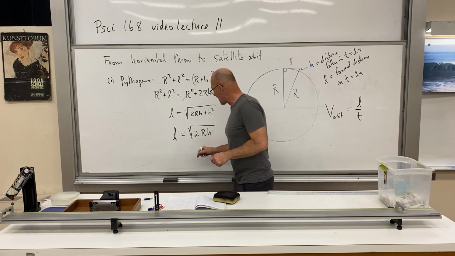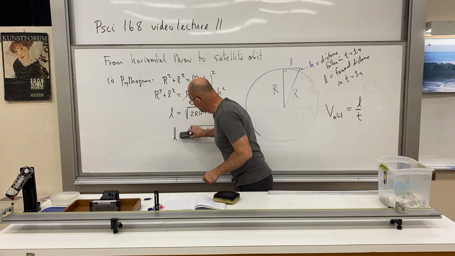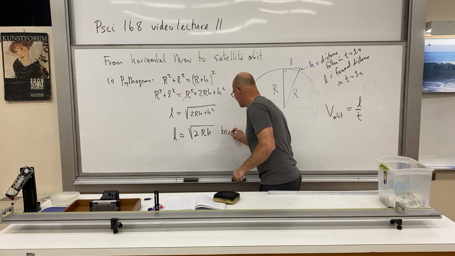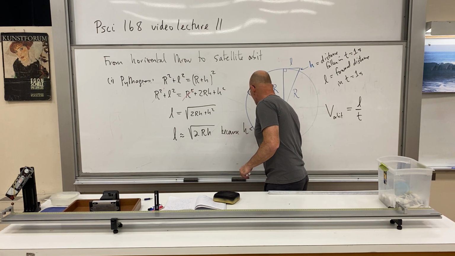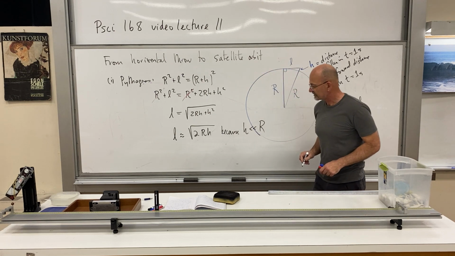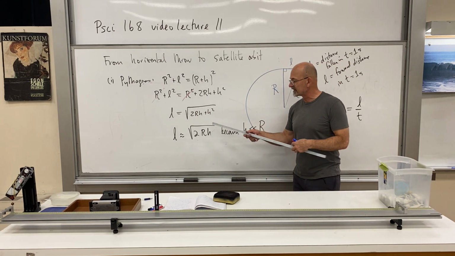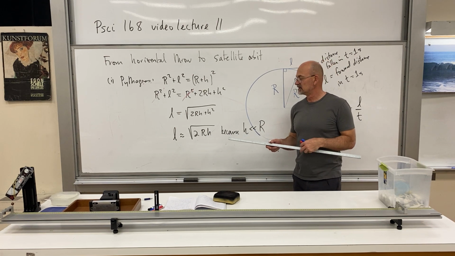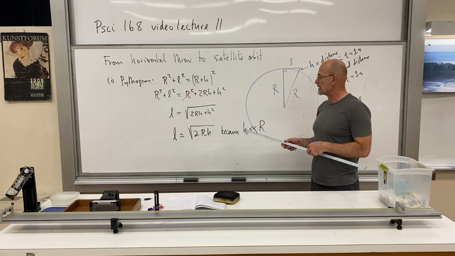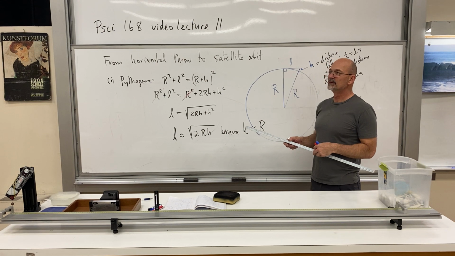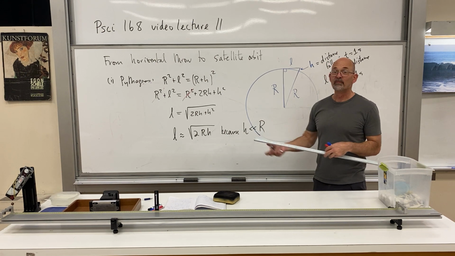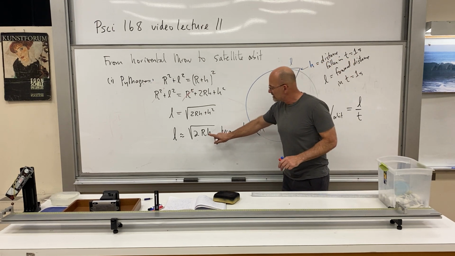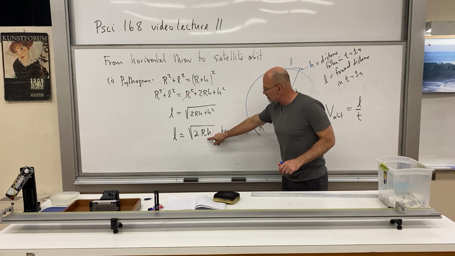Now, I could put a little squiggly line here for approximate, and then I'll write because h is much less than R. So the error that's made in this calculation is a fraction of a percent. It's very small. Because 5 divided by, roughly, 5 million, so it's 1 millionth. So it's a very, very small error. So this is the expression we're going to evaluate.